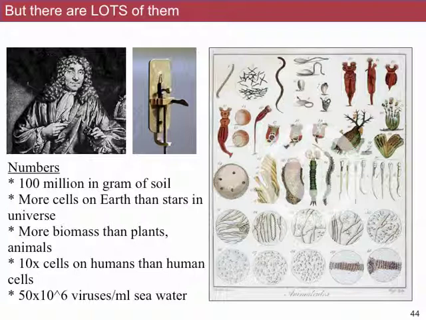The total number of cells, and even the biomass, is greater than the biomass of plants and animals. And one thing people may not know is that in and on your body, as we will talk about in one lecture, there are 10 times as many microbial cells as there are human cells. The genetic diversity in those microbes is enormous, and they contribute a lot to our biology.